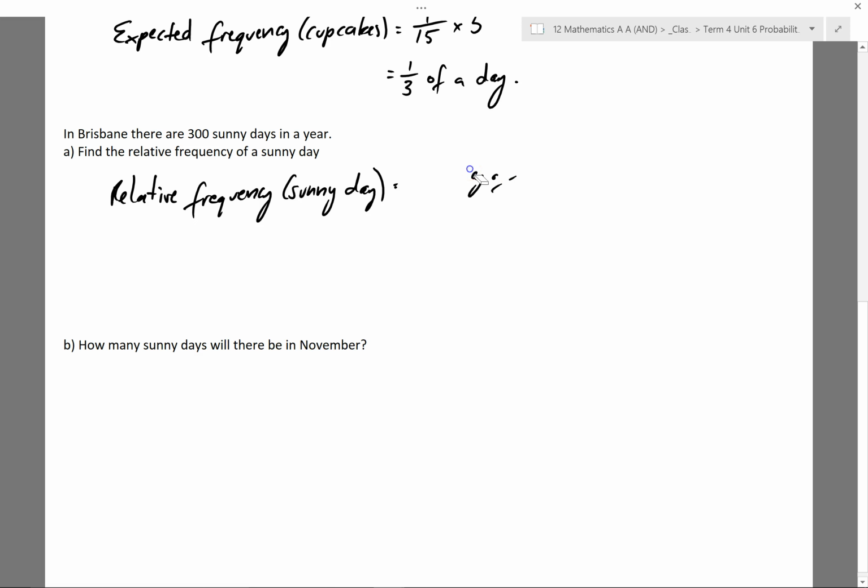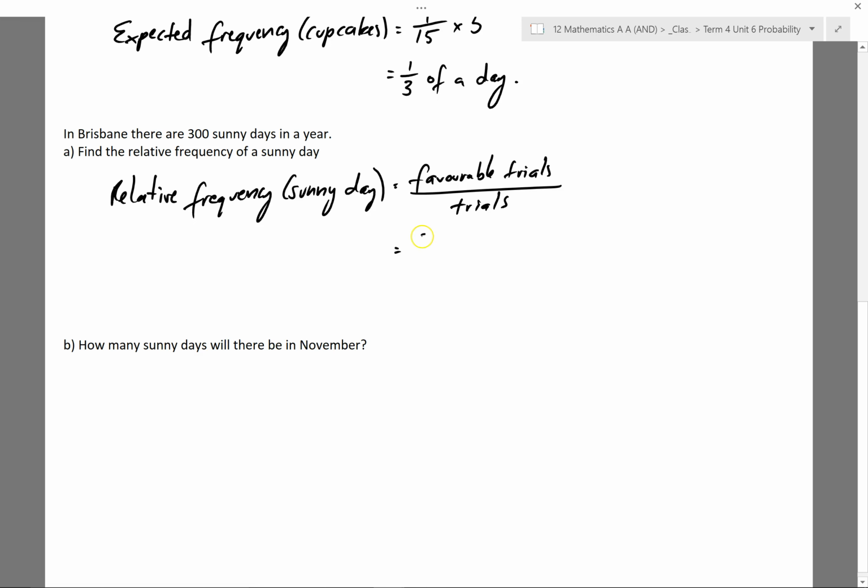I probably don't bother writing frequency of, so just favourable trials divided by number of trials. The favourable thing is a sunny day. That's the thing I'm interested in. It's not necessarily a good thing.